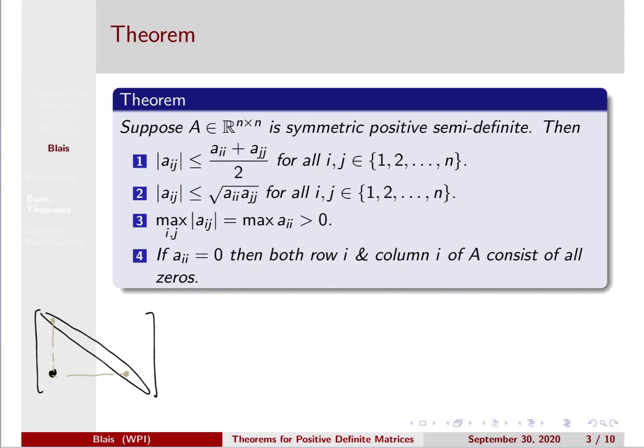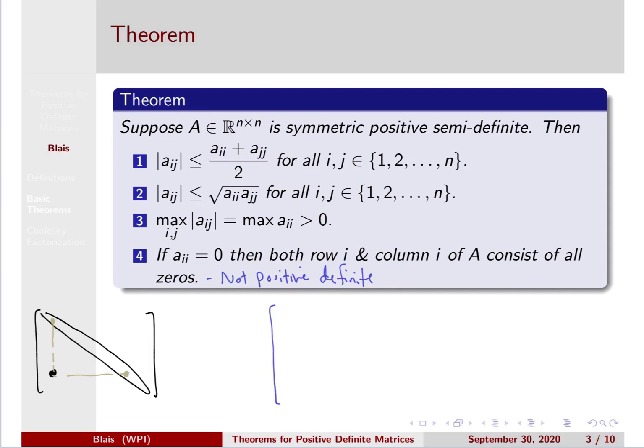And in that case, the matrix is not positive definite. That is a type of degenerate case where the matrix is positive semi-definite, but not positive definite.